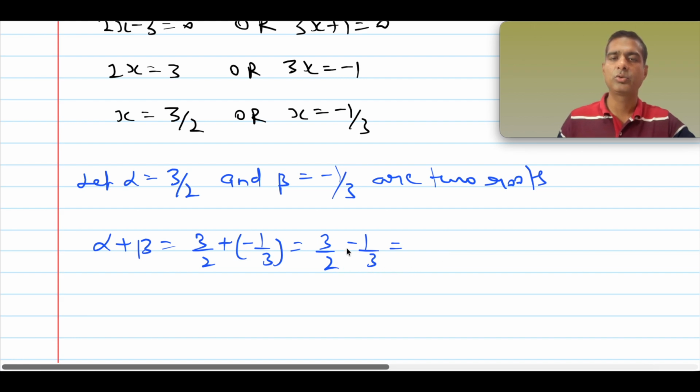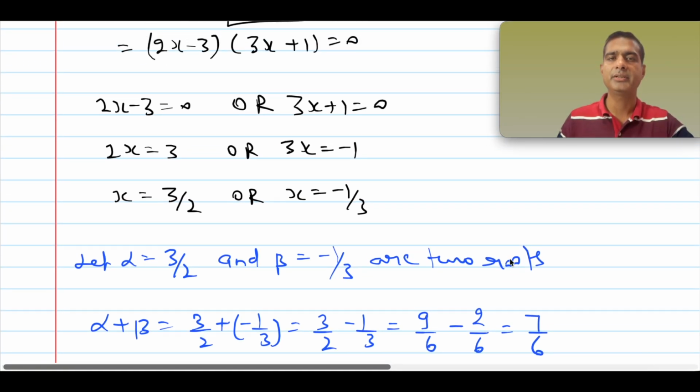Now 2 and 3 are co-prime, so we can multiply by 3 the first rational number and by 2 the second rational number in the numerator and denominator, and we can equate the denominators. So multiplying by 3 to the first rational number, we get 9 by 6 minus, multiplying by 2, we get 2 by 6. Now the denominators are equal, so we can subtract the numerators. 9 minus 2 is 7 by 6.